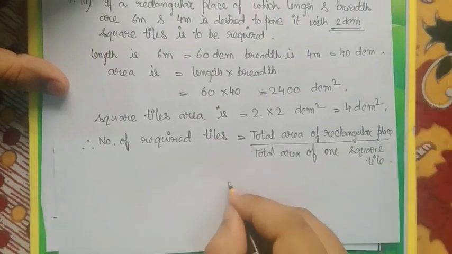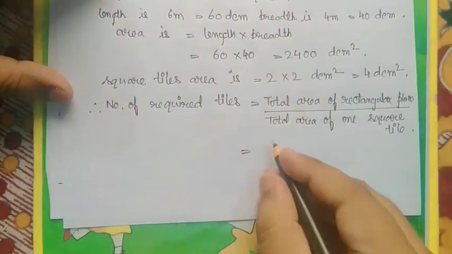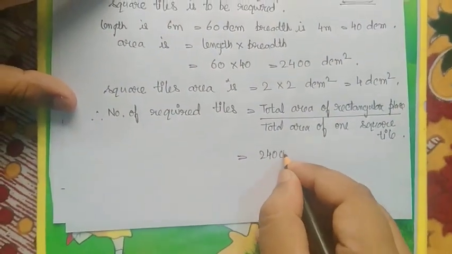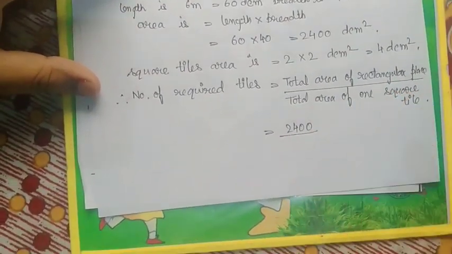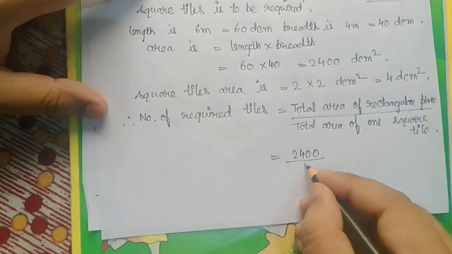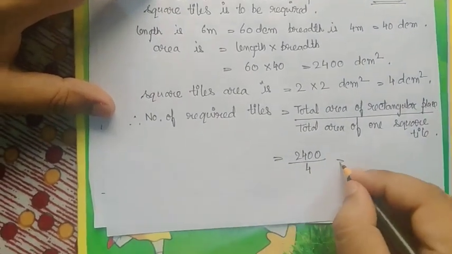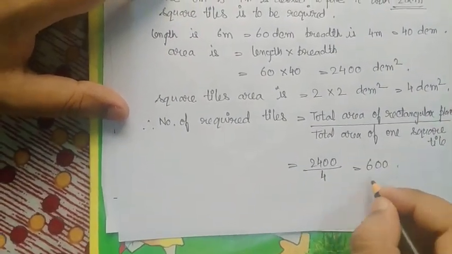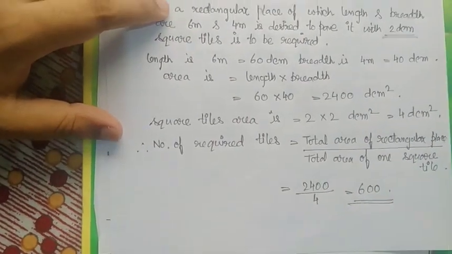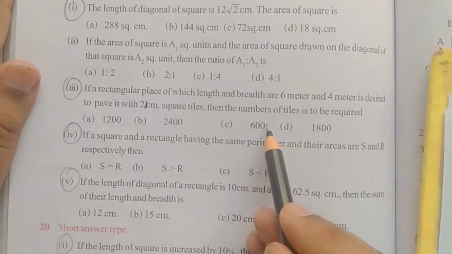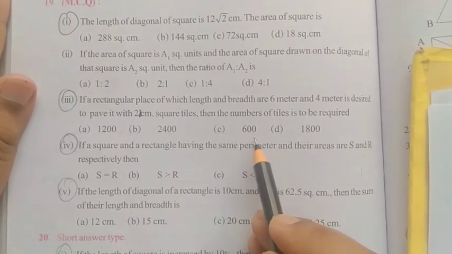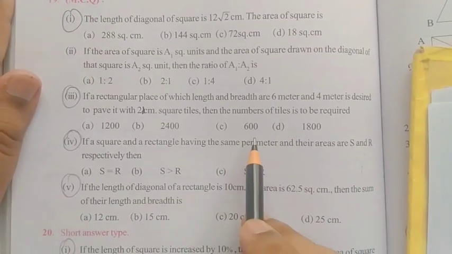So therefore total area of rectangular place is 2400 and total area of one square tile is 4 dcm square. So 2400 by 4, it should be 600. So therefore the number of required tiles is 600. We have to choose the third one from the lot, 600. So the answer is 600 number of tiles.